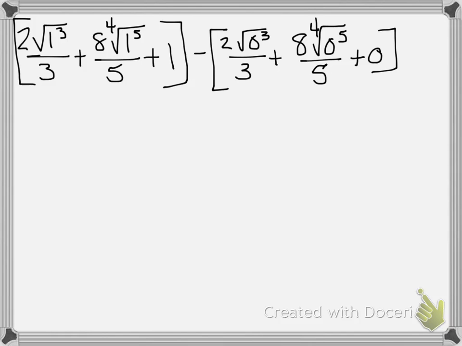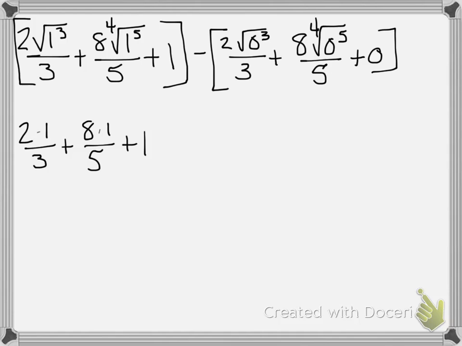Alright, so now go through and start actually doing all that. So it's going to be 2, and 1 cubed is 1. The square root of 1 is going to be 1, so it's going to be 2 times 1 over 3, plus 1 raised to the 5th is 1. The 4th root of that is just going to be 1, so we're going to have 8 times 1 over 5. That's going to be plus 1.